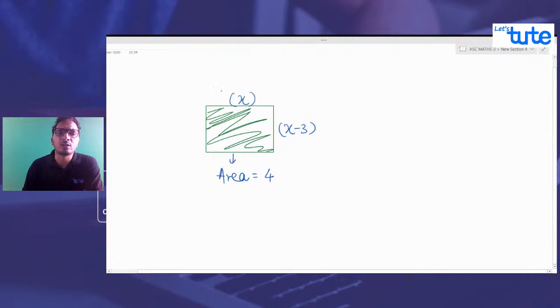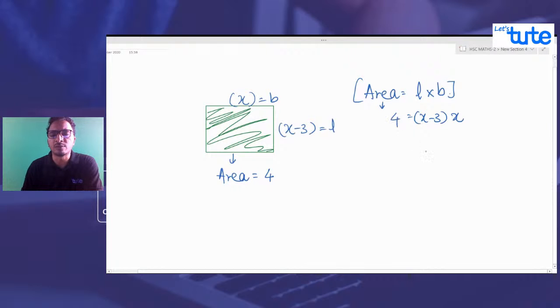Okay, so we have the area formula for a rectangle, right? What is the formula for the area of a rectangle? Area of a rectangle is length multiplied by breadth. So this is the breadth and this is the length. Okay, so according to this condition, we have L as x minus 3 and B as x and area as 4.